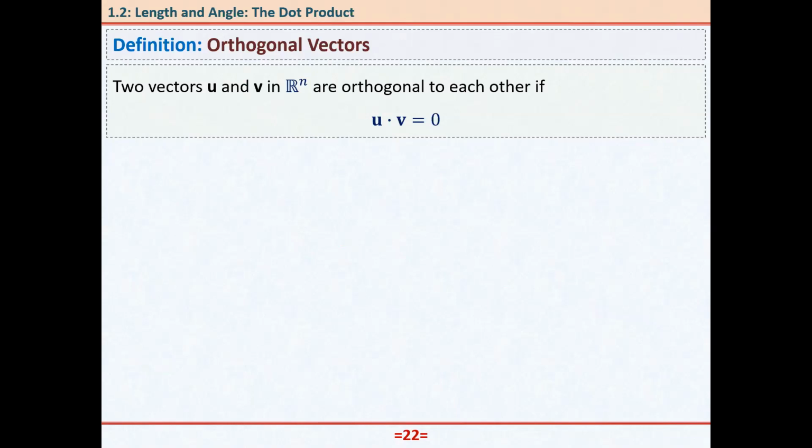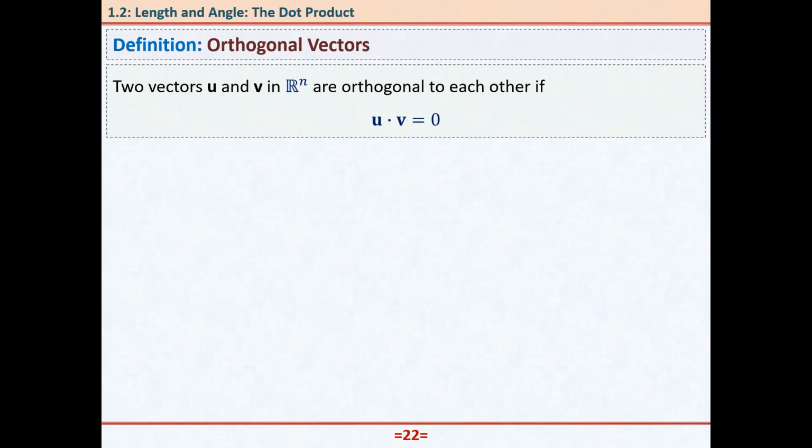Among these, when it is 90, it plays a special role in linear algebra, and that's why it deserves a special name, orthogonal vectors. So two vectors U and V in Rn are orthogonal to each other if their dot product is equal to 0. We are giving this as a definition.